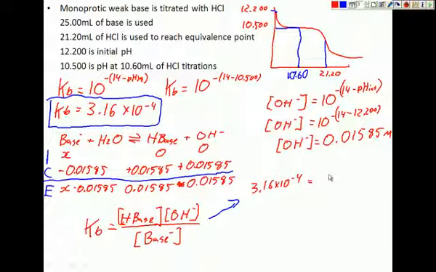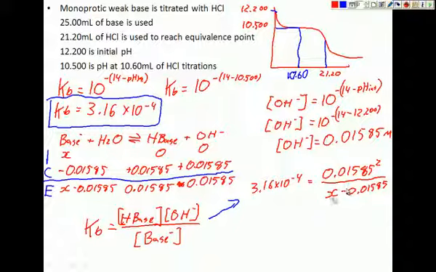which equals 0.01585 squared, divided by x minus 0.01585. Okay, now then you solve for x.